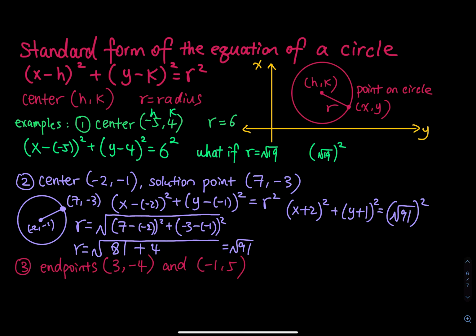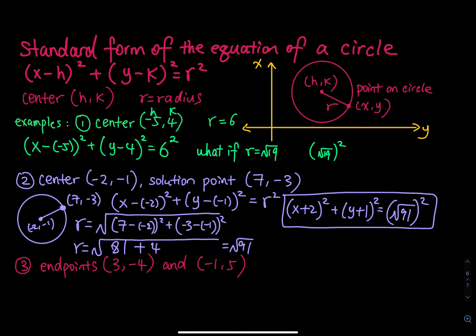I don't think they would like to see minus a negative. In my class, especially written quizzes and exams, I do accept this, but when you do homework online, I'm sure they want you to get rid of the minus and the negative. All right, the answer is right over here.